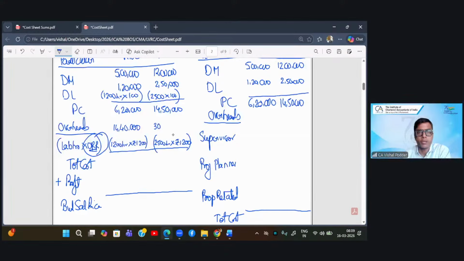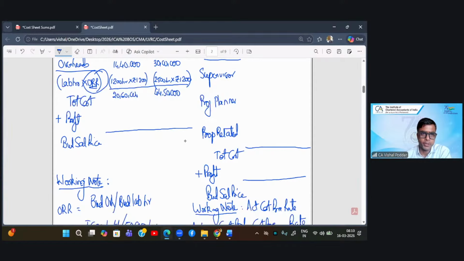And this is 30. So this becomes 2060 and this becomes 4450. Correct? Yes. Now adding 50% of total cost.